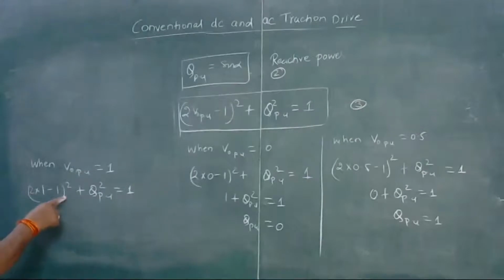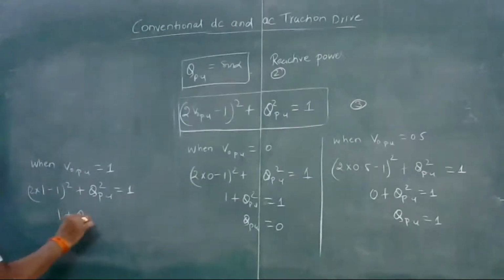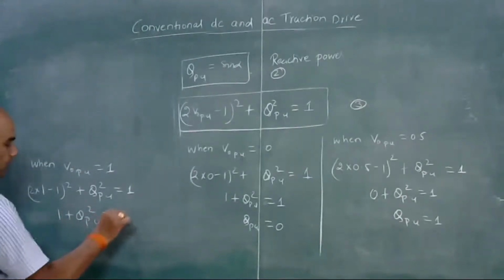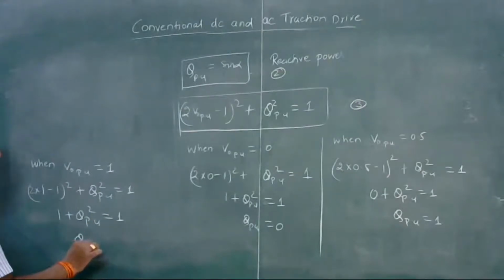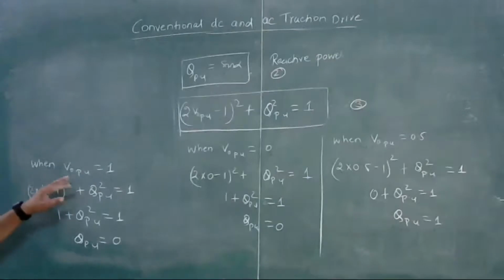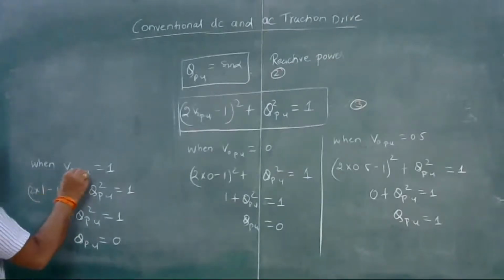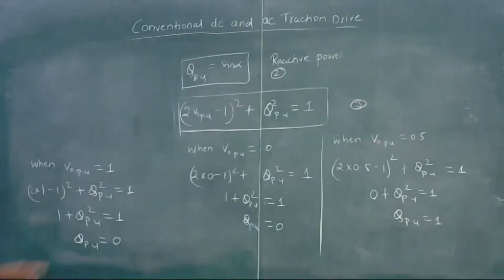So 2 minus 1 is 1, 1 whole square is 1. So Q per unit is equal to 0. Okay, so when maximum output voltage is required, the reactive power is 0.